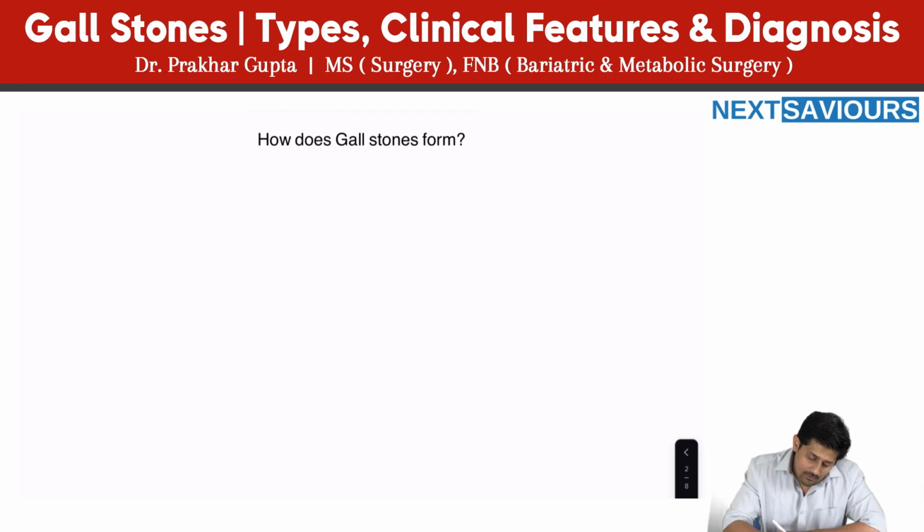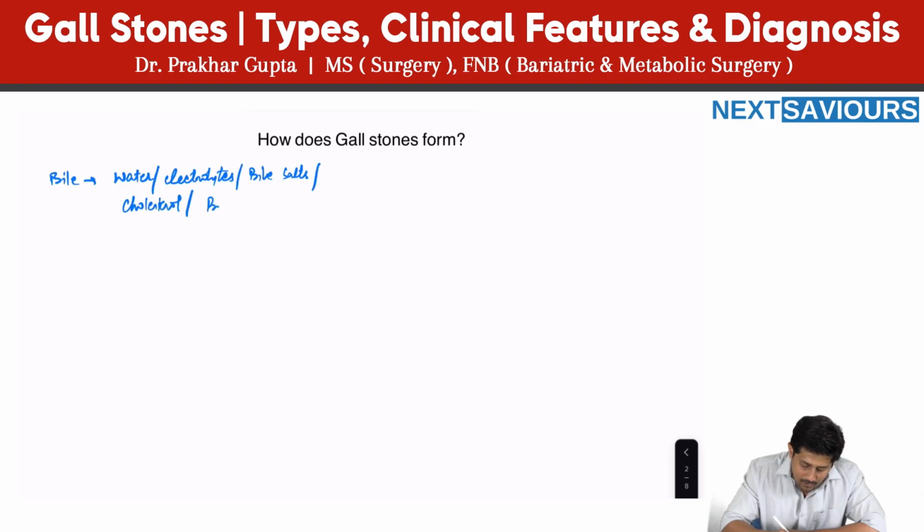So as we have already discussed in our last class, bile consists of water, electrolytes, bile salts, cholesterol, bile pigments, and phospholipids. Okay.